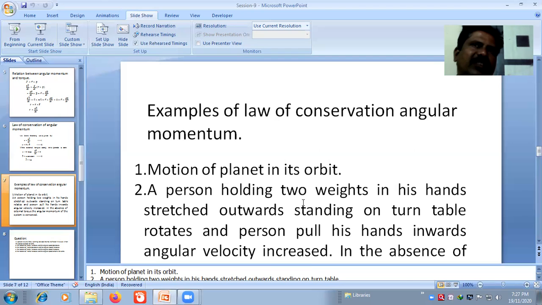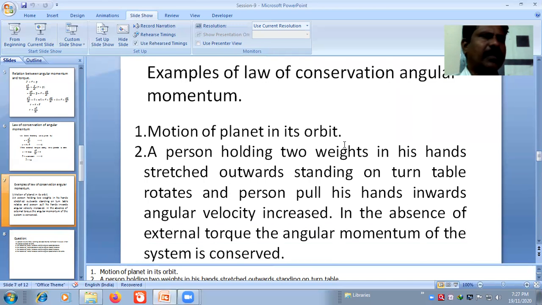But J equals I into omega, so when I decreases, automatically the value of omega increases. By the same amount that I decreases, omega increases, so that J equals I into omega, and I into omega remains constant. That is the law of conservation of angular momentum.